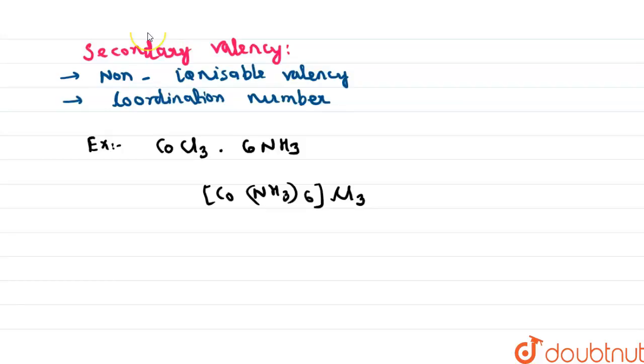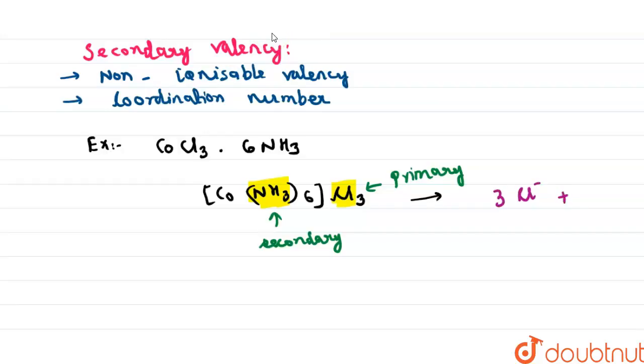Here this is our secondary valency, and this is our primary valency. Why is it so? Because when we dissolve this compound in water, we will get these ions: three ions of Cl minus and one ion of this complex, 3 plus. In this way we can define the primary and secondary valency.